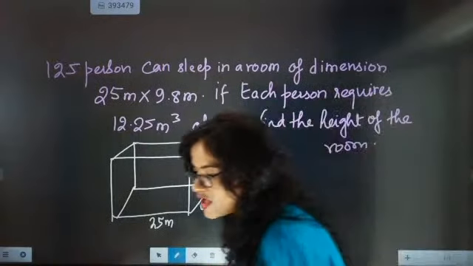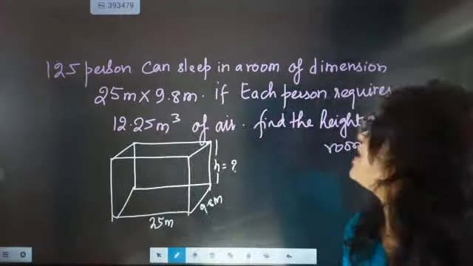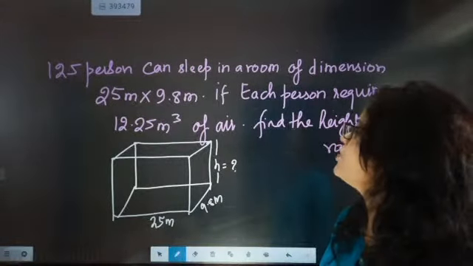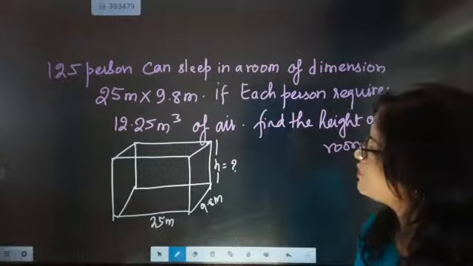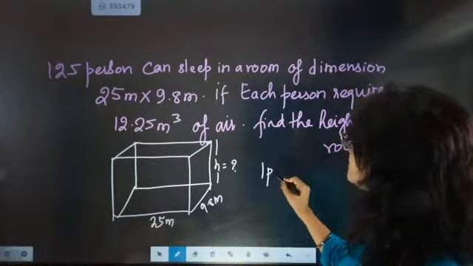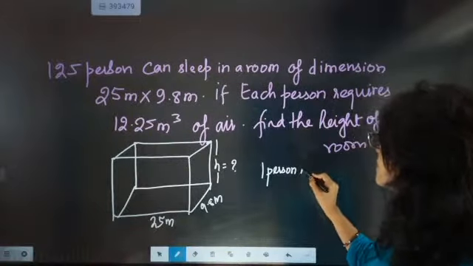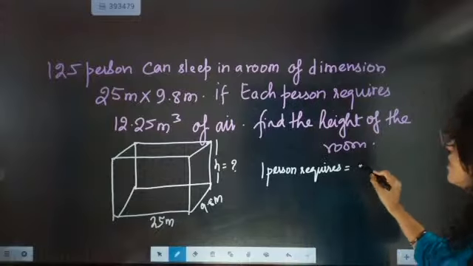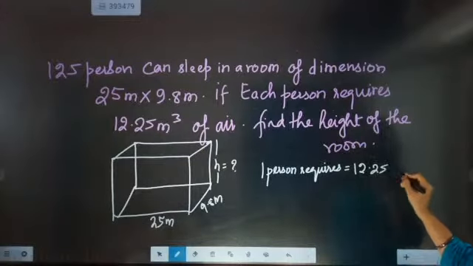So now we have to find the height. If each person requires 12.25 meter cube of air, find the height of the room. One person requires 12.25 cubic meter.